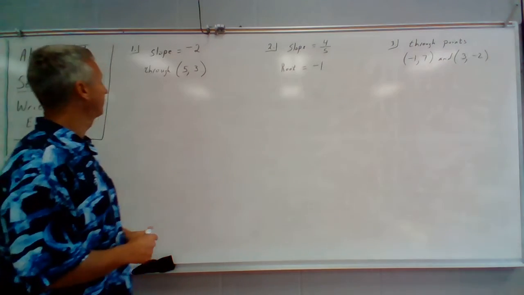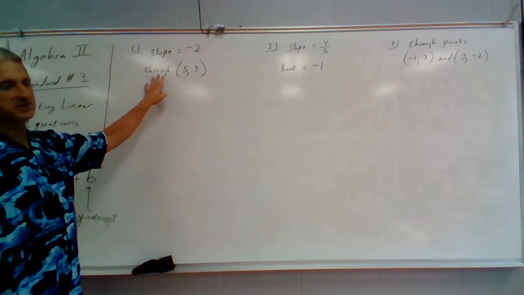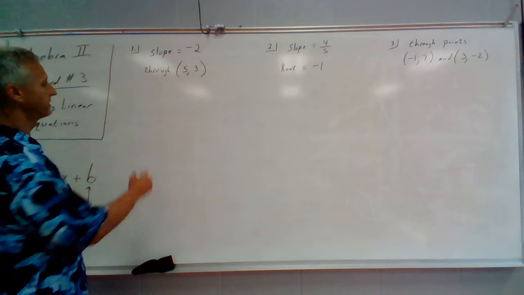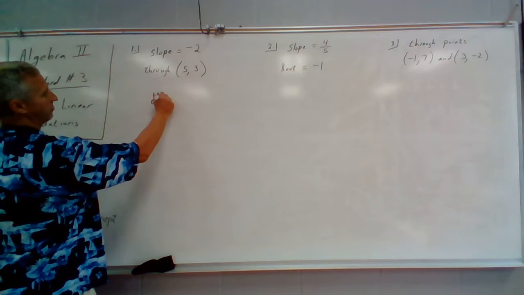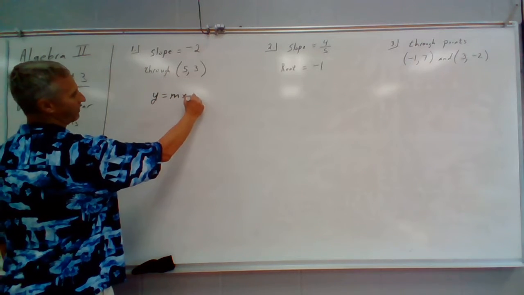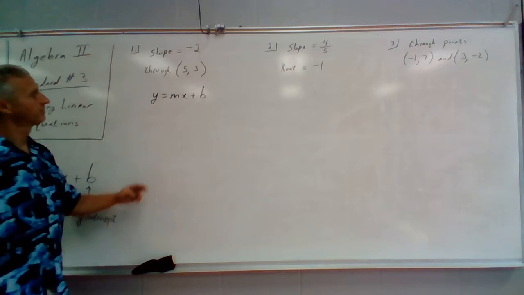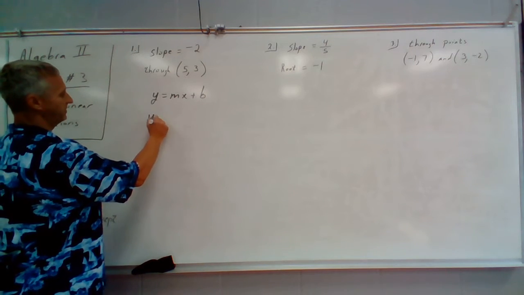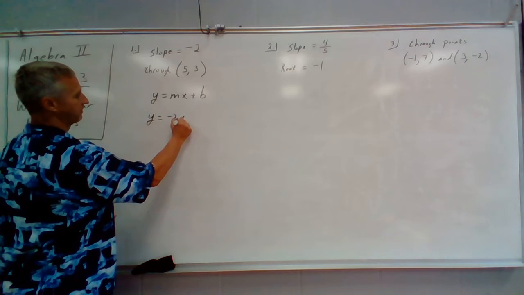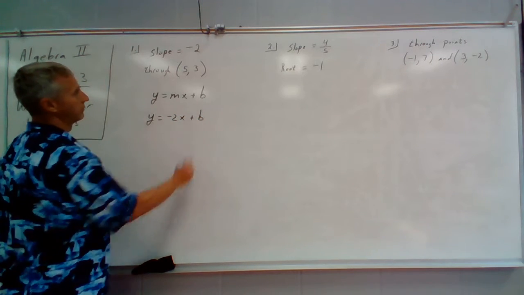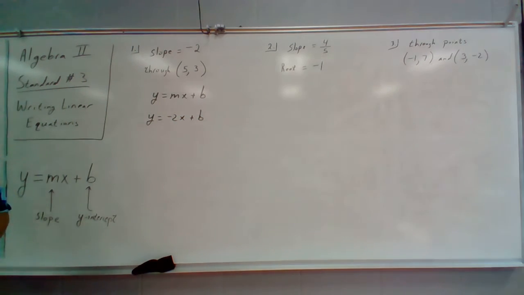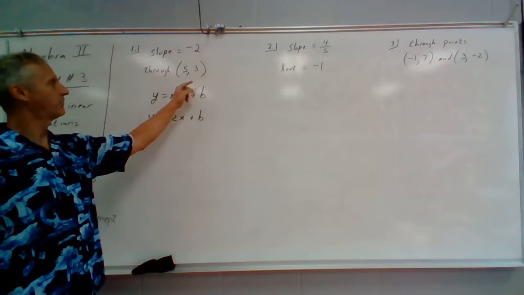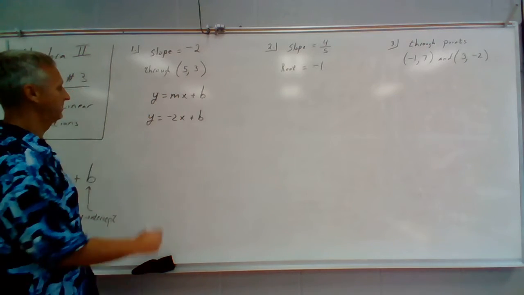All right, let's try this first one. So my slope is -2 and it's going through the point (5, 3). So I want to write the equation in the form y equals mx plus b. I tell you the slope, so let's just go ahead and put that in. I don't tell you the y-intercept, but I do tell you this point, so I can plug in an x and a y value.